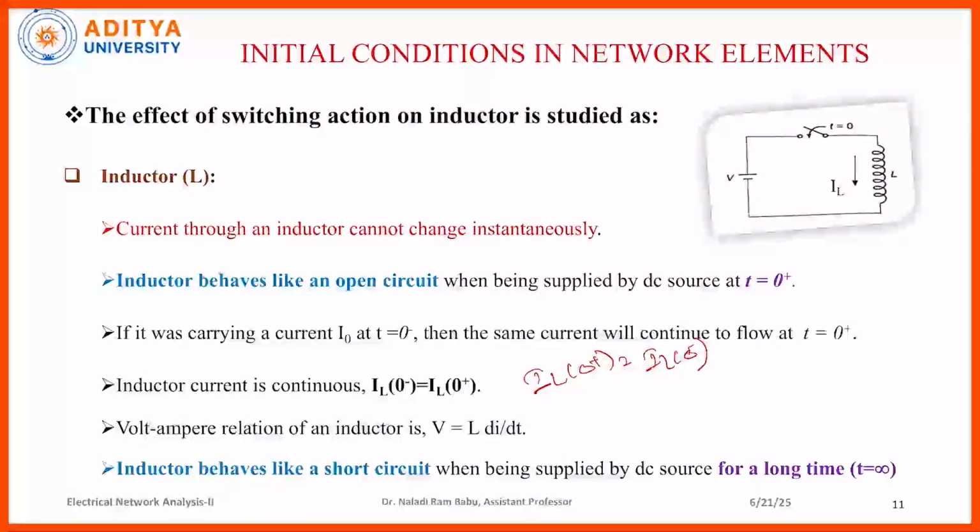So if I write a KVL equation for this, the equation will be V is equal to L into di by dt, where L is inductance and di by dt is the differentiation with respect to time.